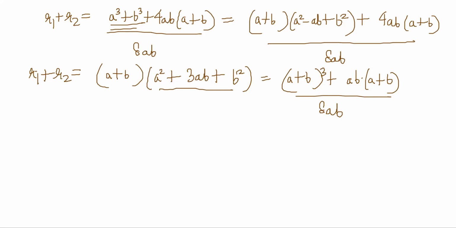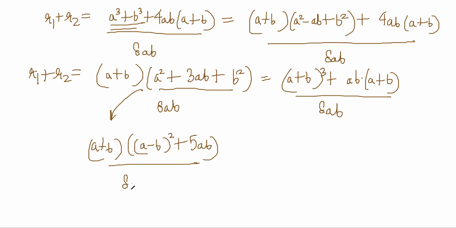Okay, so I will keep it like this only, by 8ab, and what I can say here is that this can be written as a plus b into a minus b whole square plus 5ab by 8ab, and you have to say minimum value.